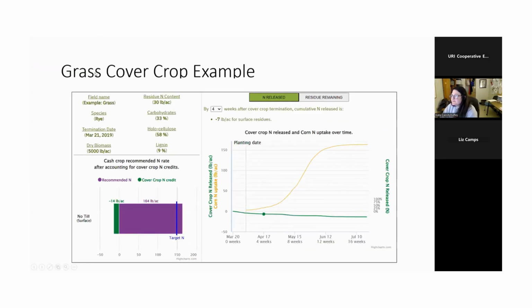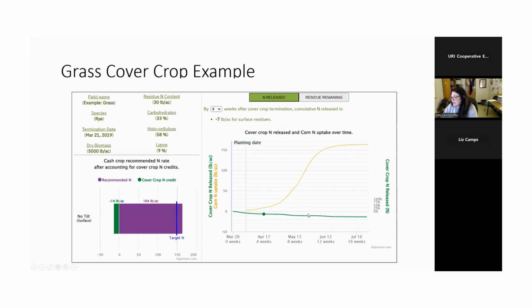Okay, so I'm going to show you first a grass cover crop example that's a scavenger. So for example, this is rye. It was terminated in March. The biomass is around 5,000 pounds per acre. And these are variables that are fit from the model. And what it does is it shows you your cover crop nitrogen release here on this y-axis and your date and time. So again, here's your corn uptake curve, that yellow line.